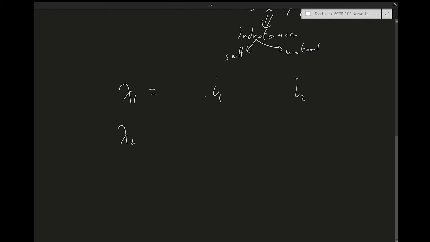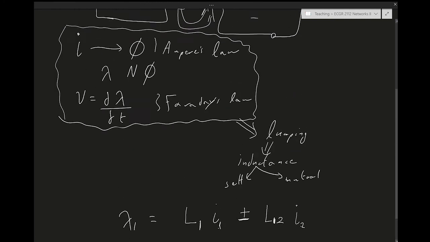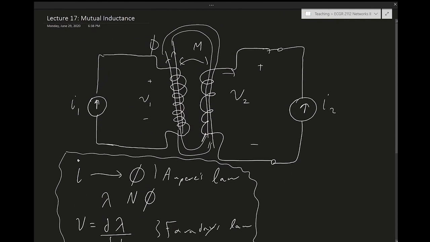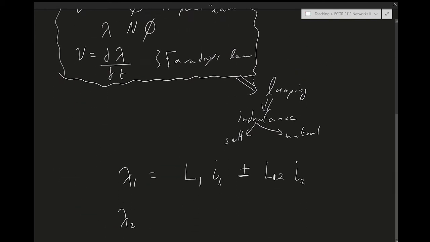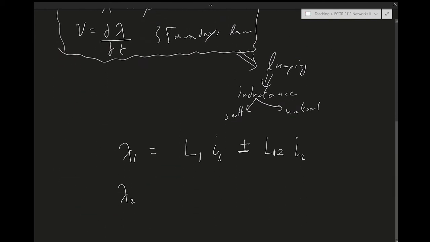The constant of proportionality between I1 and flux linkage 1 is called the self-inductance. The constant of proportionality between I2 and flux linkage 1 is called the mutual inductance. It's the inductance at coil 1 due to current 2. The sign could be positive or negative depending on the orientation of the coils, depending on how they are wound. I'll discuss that in a bit, but let's assume for now that they could be positive or negative.